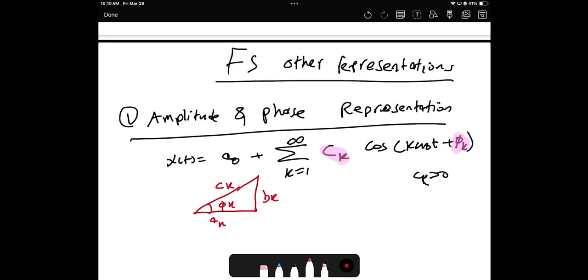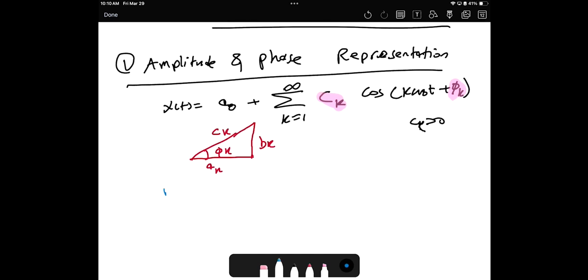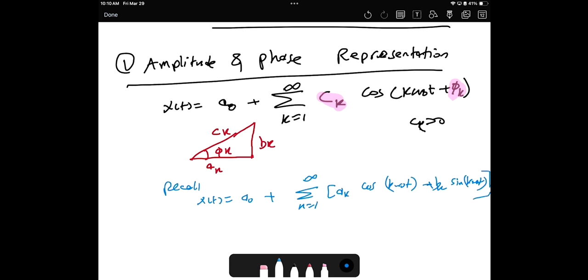So how is the representation? Recall, it was x of t equals a0 plus the sum from k equals 1 to infinity of a k cosine k omega naught t plus b k sine k omega naught t. So these two are the same, but one of them is in sine and cosine, the other is in amplitude and angle.